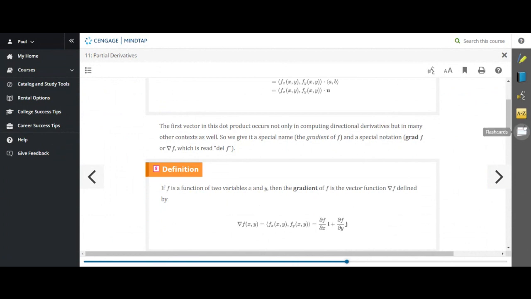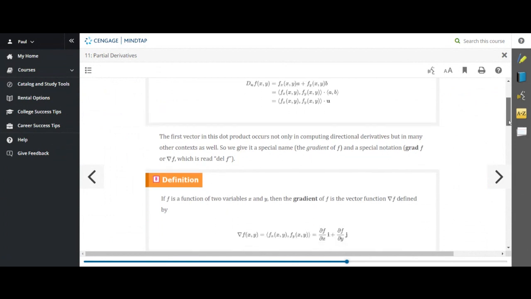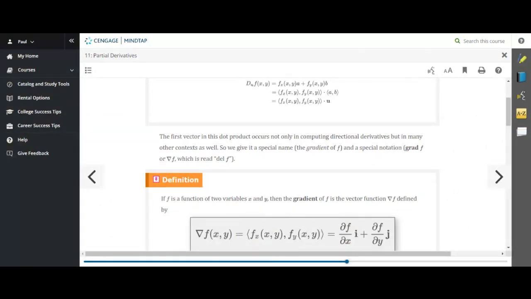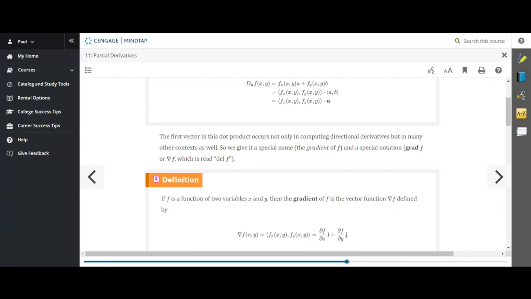Let me see, maybe I can get it on both pages. I'd like you both to see it. Well, we'll just have to do it this way.